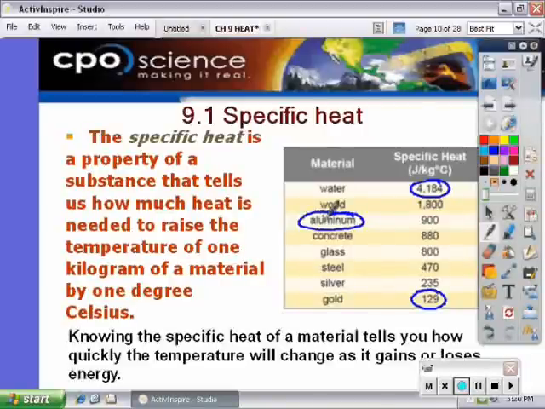Now we know glass heats up quickly because it has a low specific heat, but it also cools down quickly. Think about the different containers that you have in your house when you put your drinks in them, how they will transfer the heat quicker than some others.